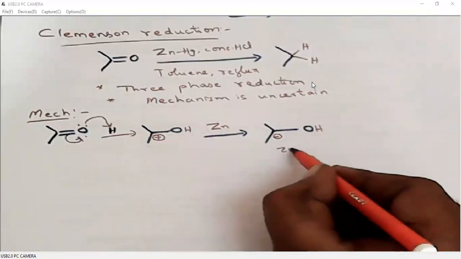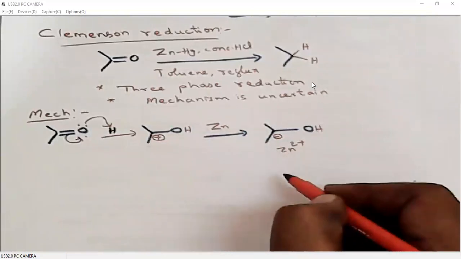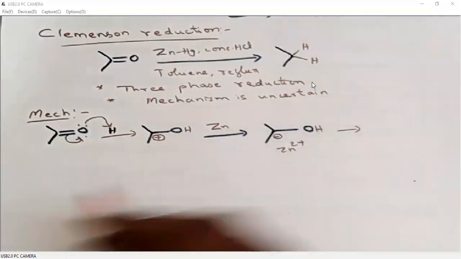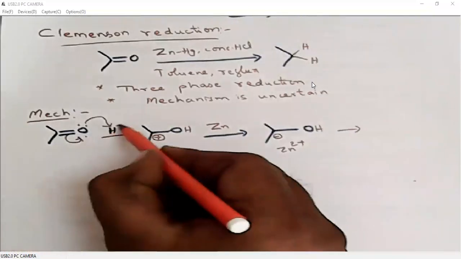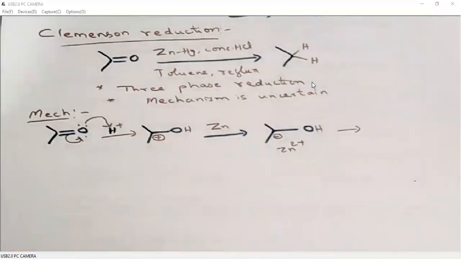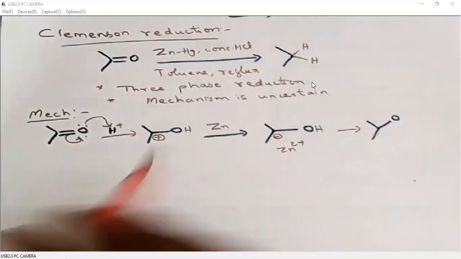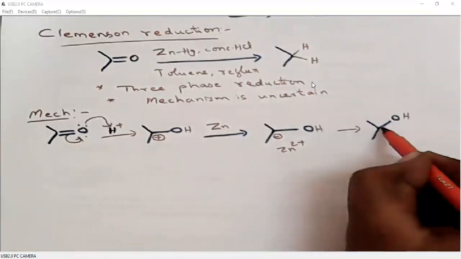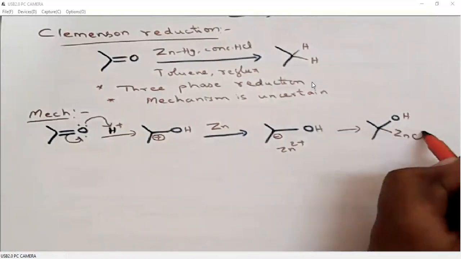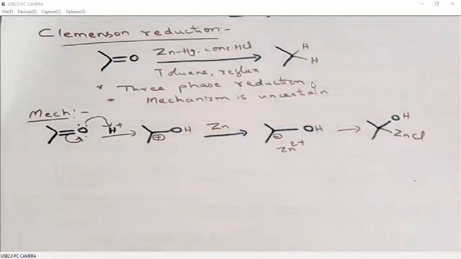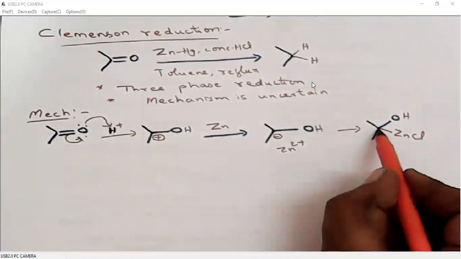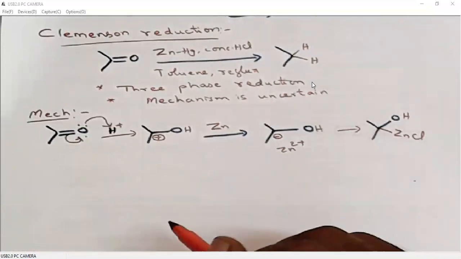Here we have used only H plus; Cl minus will be there. So all together, it will be converted to zinc chloride, and there will be a bond formation between carbonyl carbon and metal.